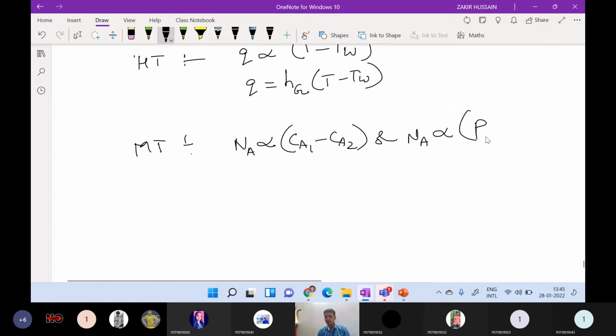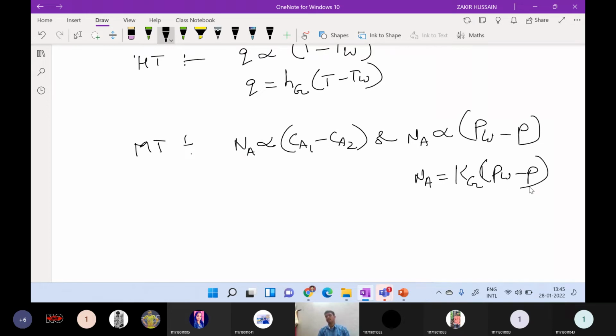So that is PW minus P. The proportionality constant is the mass transfer coefficient, so Kg into some MB, we can take, okay, Kg into PW minus P. If it is in molar quantity, since moles equals weight by molecular weight, then we can easily convert into weight quantities by multiplying with the molecular weight of the gas or air.